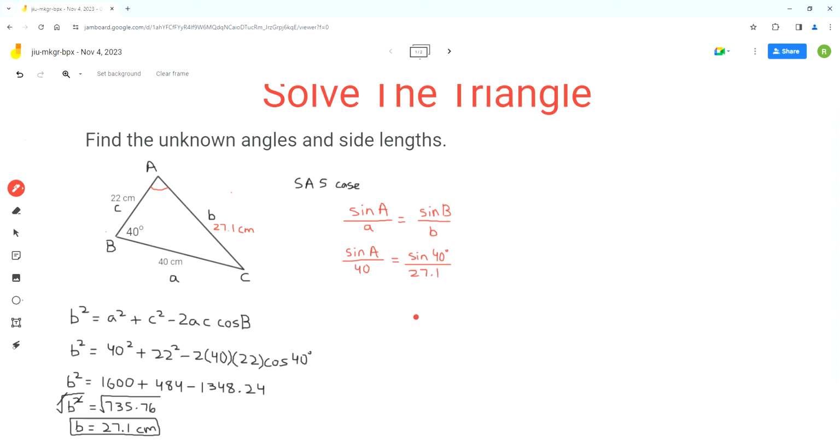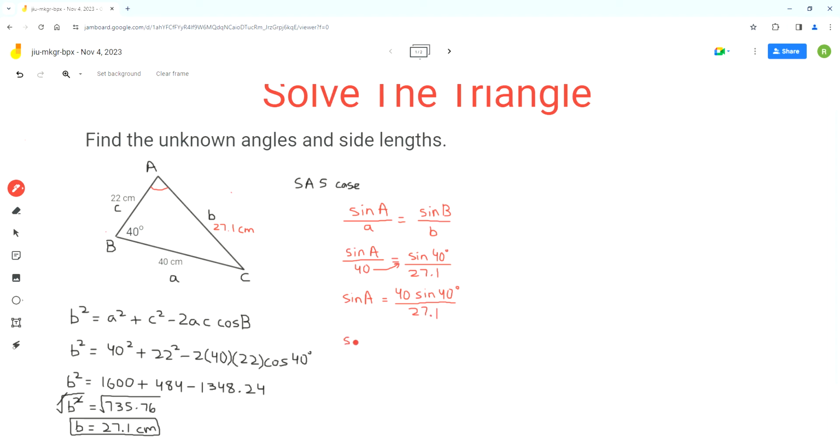So this is the step we get after subbing in the values. Now we have to solve for angle A. So the first step is to isolate sine A by cross multiplying 40. So we get sine of angle A equals 40 times sine of 40 degrees over 27.1.